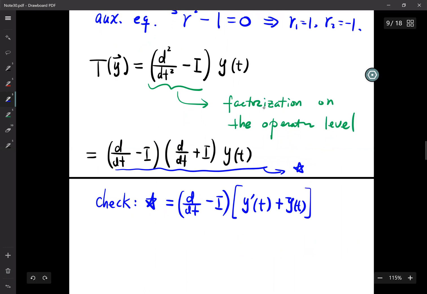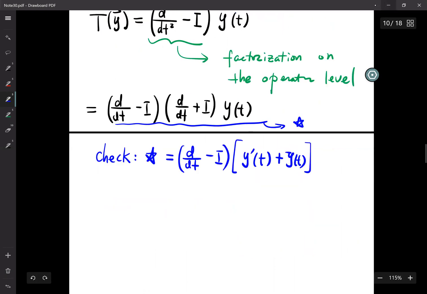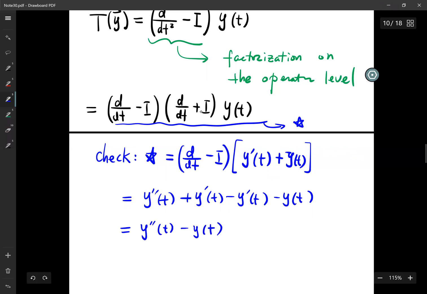Any other question? Okay. So, let me see. So this one is, I take a derivative again, y double prime of t, plus y prime of t, minus y prime of t, minus y of t, equal to y double prime of t minus y of t, voila.